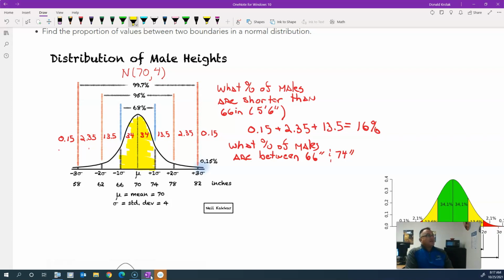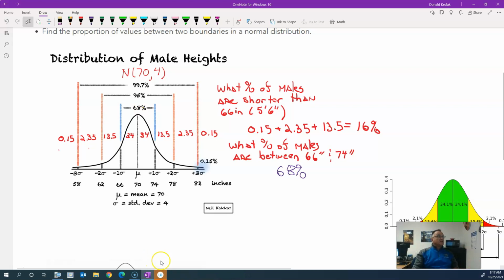And we know by the empirical rule that that's automatically 68%. So that's what we did last week, using the empirical rule to find out different percentages.